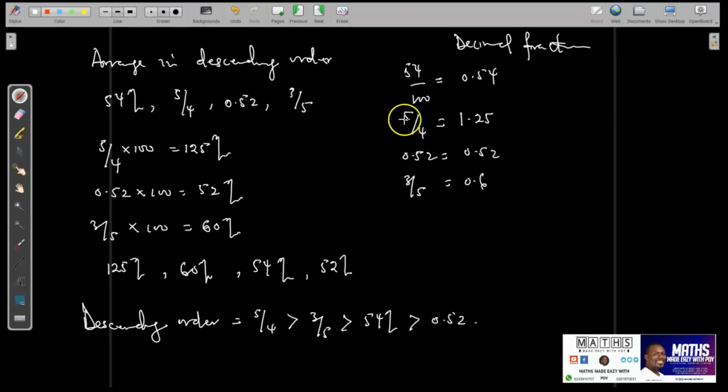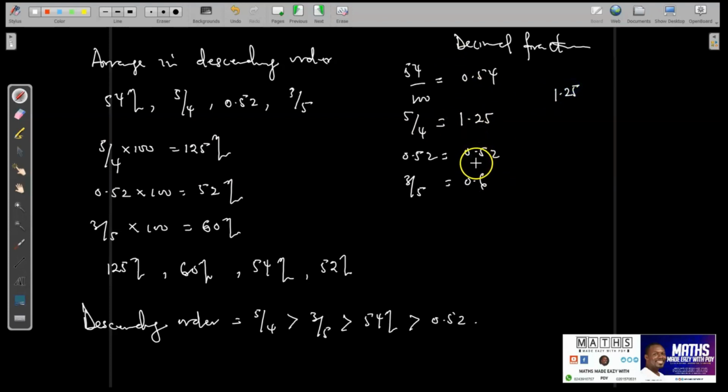So obviously 5 on 4, which is 1.25, makes it the largest because the rest have 0 as their unit, but we have this as 1. So 1 is greater than 0. That's one way you can compare. So we have 1.25 being the largest among the decimal fractions here.